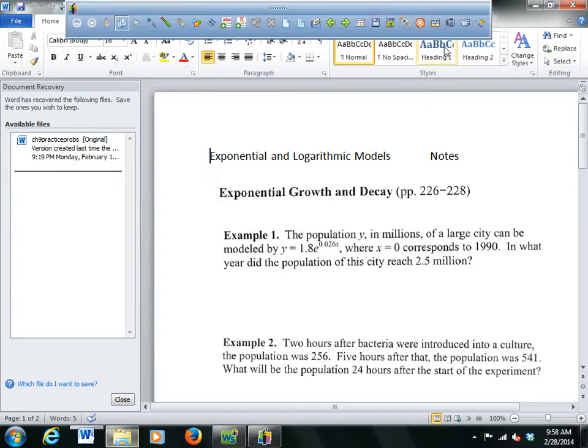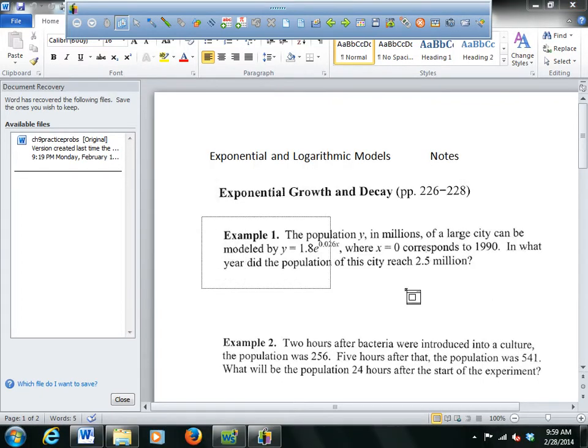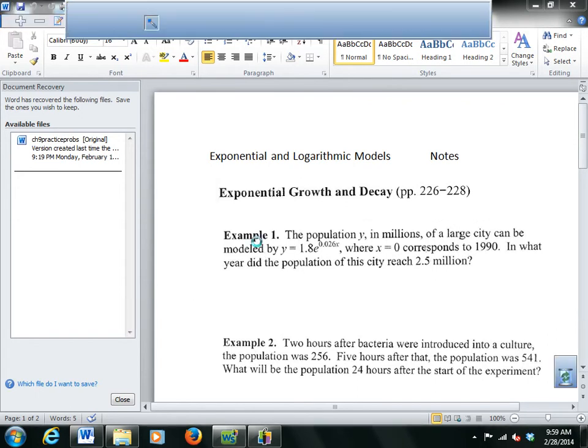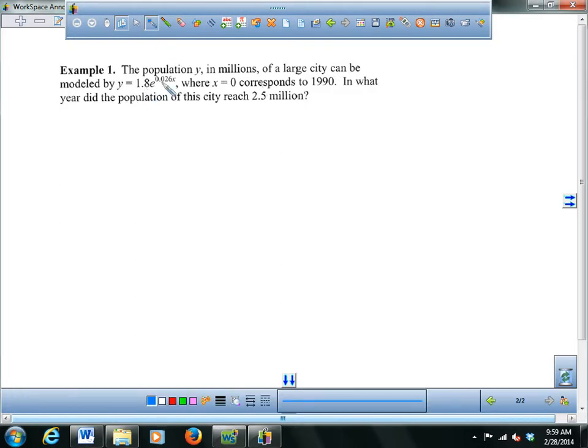But you could always solve these graphically as well. So here's an exponential: the population y in millions of a large city can be modeled by 1.8 e to the 0.026x, where x equals 0 corresponds to 1990. In what year did the population of this city equal 2.5 million?